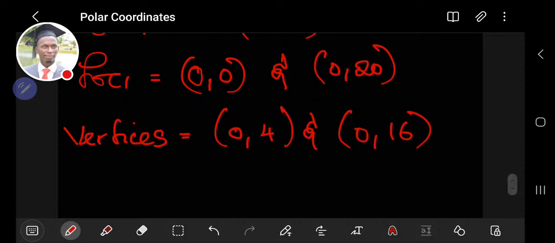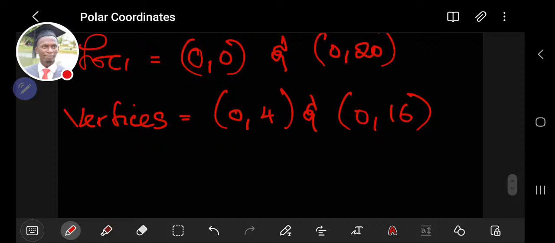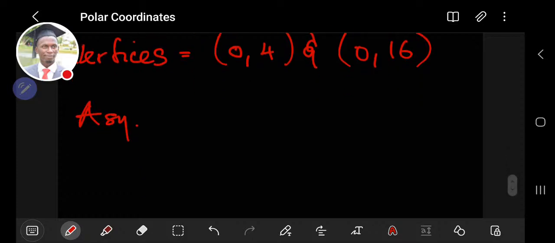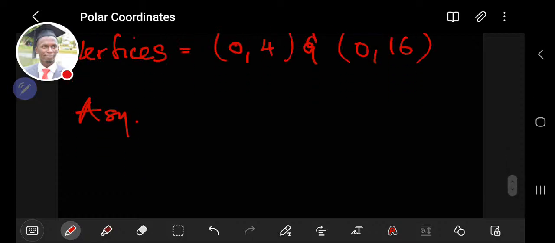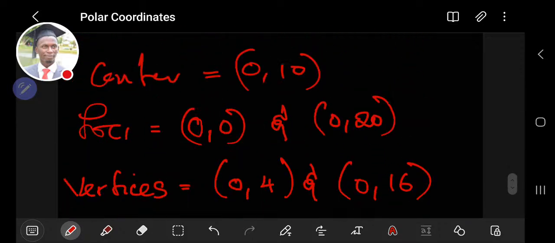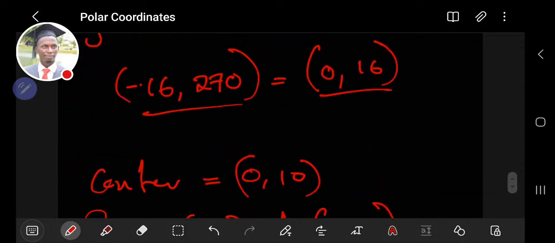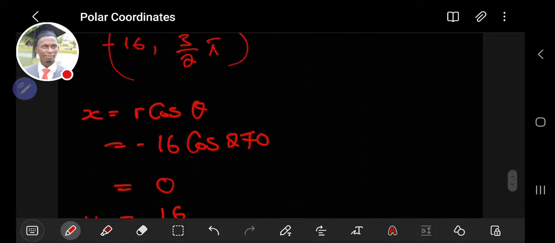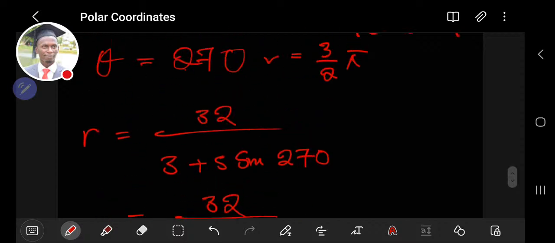So we have a few more things that we have to specify, and these are the asymptotes. Being a hyperbola, we need to specify where the asymptotes are going to be. Now, to find the asymptotes, you have to get the original expressions.